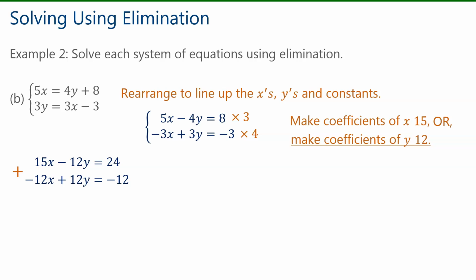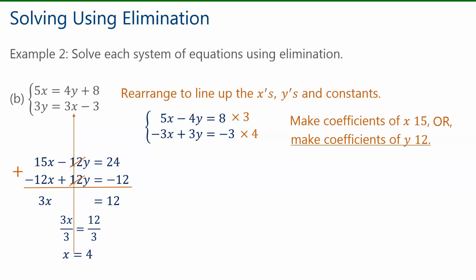So now let us add these two equations together so that the y's are eliminated. Now 15x plus -12x is 3x. The y's are going to cancel, and 24 plus -12 is 12. Now if I divide both sides by 3, I get an x value of 4.